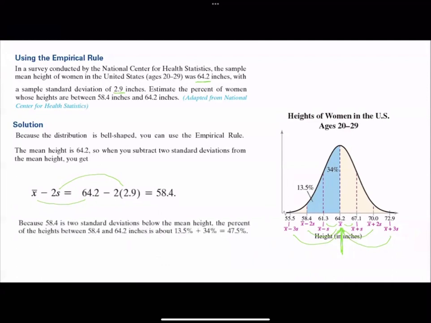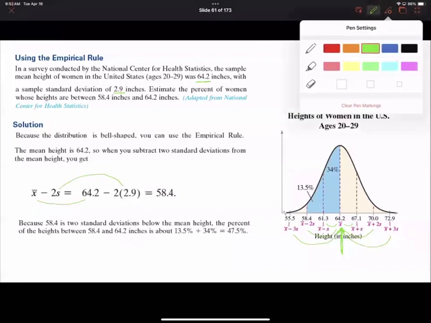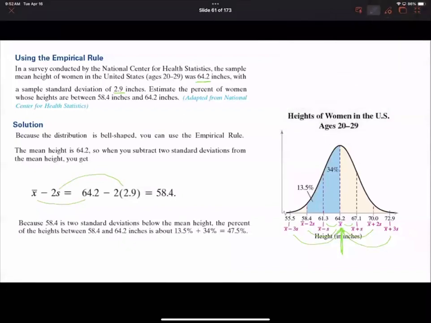But based off of the empirical rule, the percentage below the graph between 58.4 and 64.2 is going to be this area here. The probability, the area. So what are you going to do?